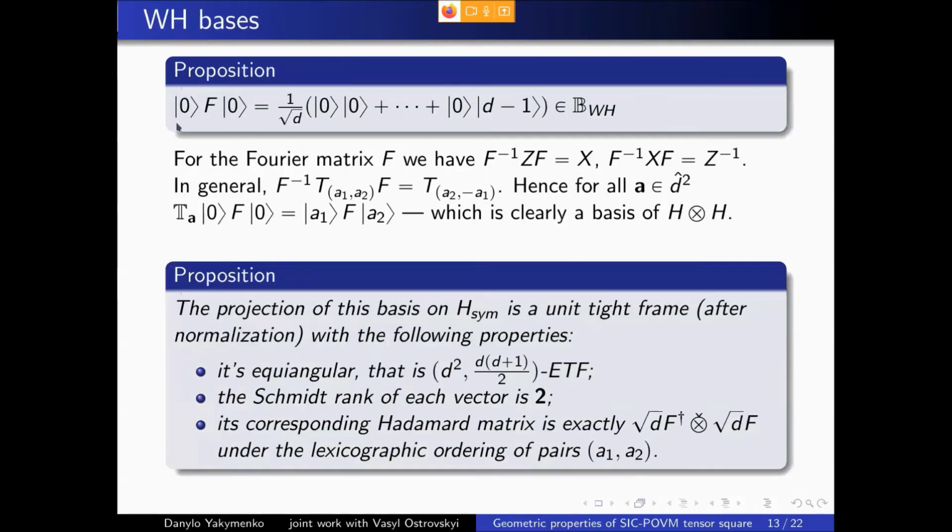Okay, first of all, let's see why this set is actually not empty. We can take the Fourier matrix, and then we just take the tensor of the ket 0 with F, and so this element actually belongs to this set. It is because the conjugation by F exchanges Z and X matrices, right?